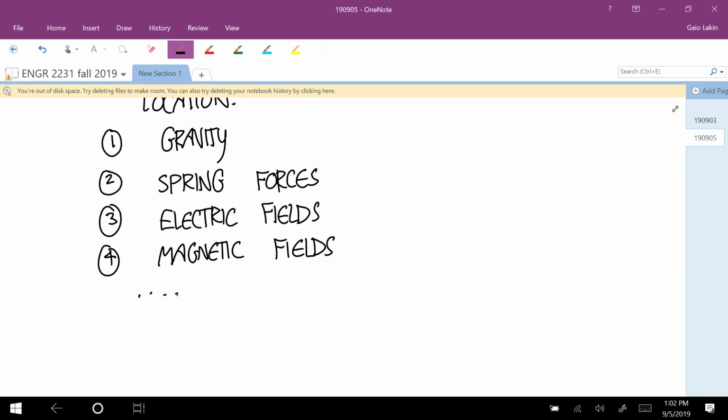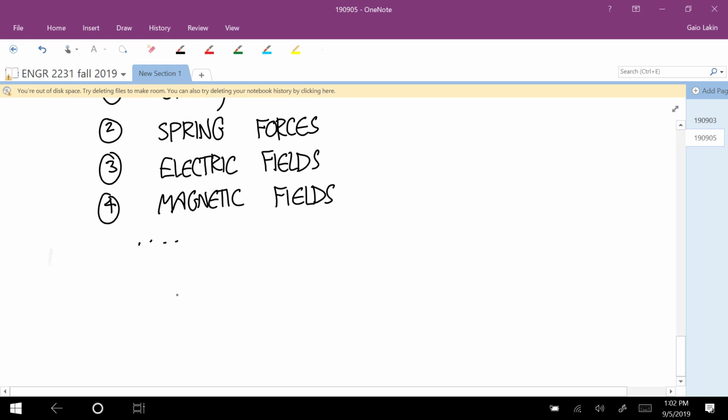And so we have this definition of conservative forces, but why do we care whether something's conservative or not?